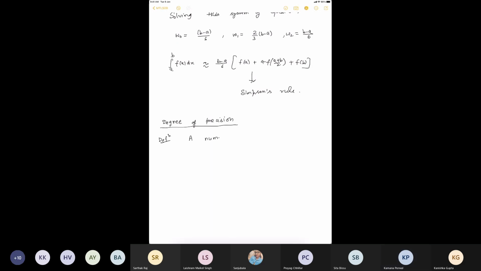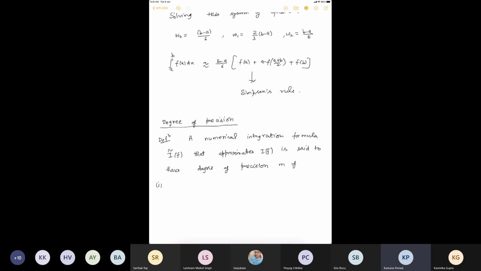A numerical integration formula, let's denote it by I tilde of f, that approximates the exact integral I of f, is said to have degree of precision m if the following happens.